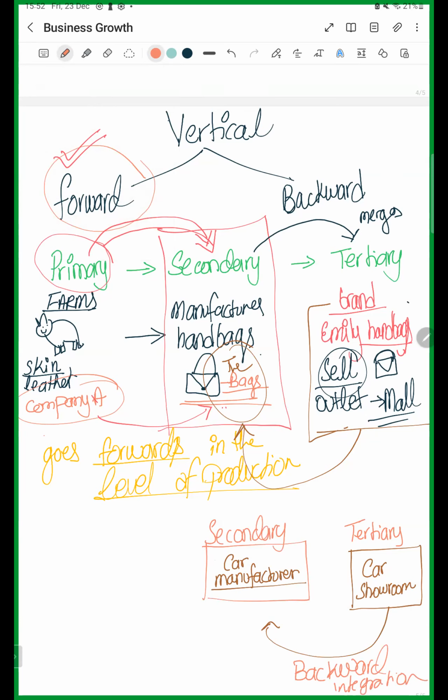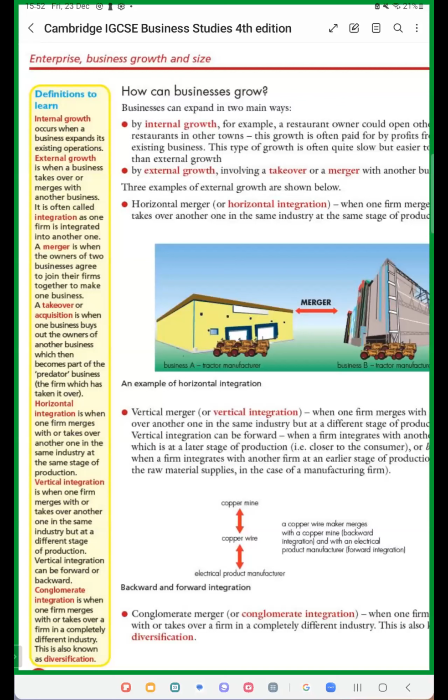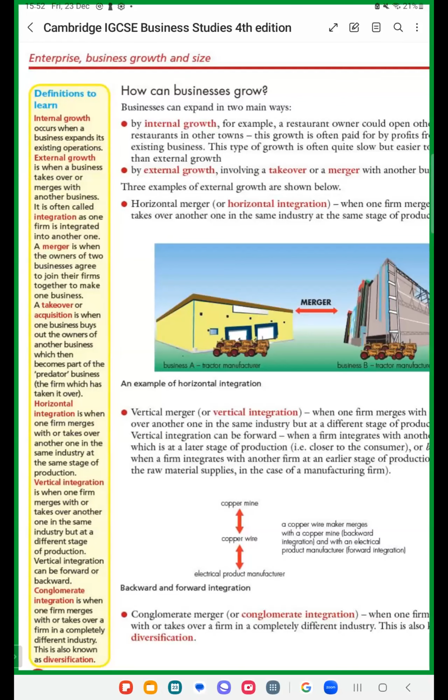Let's have a look at the definition. How about you read the definition to me out loud? Horizontal and vertical. The one in yellow, right? Yes.